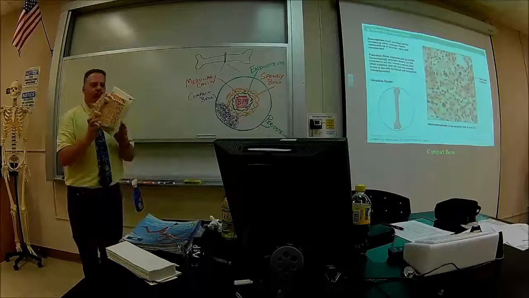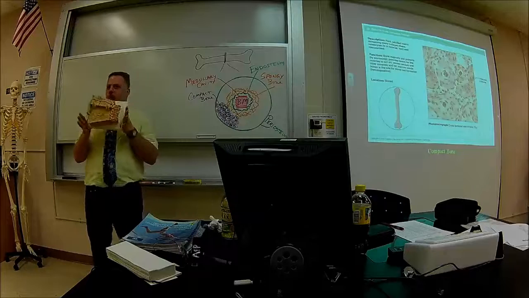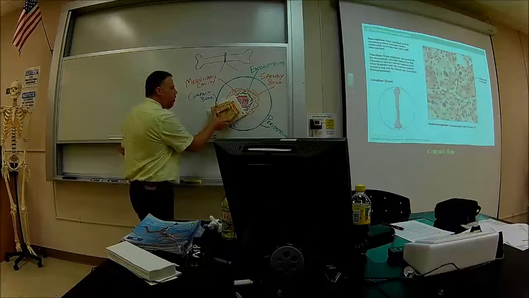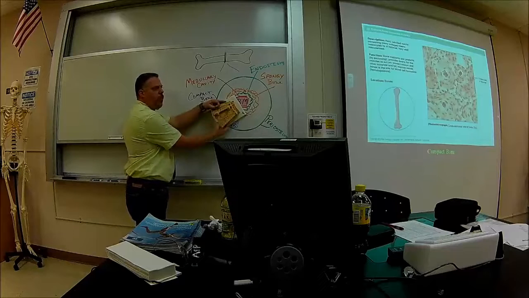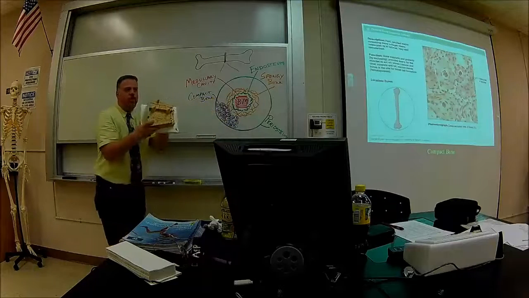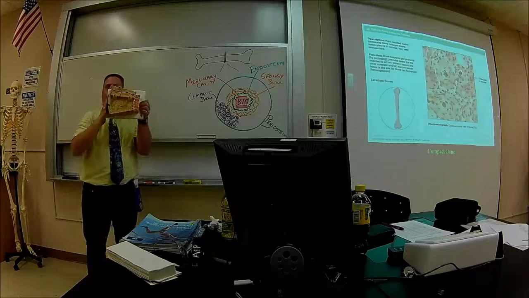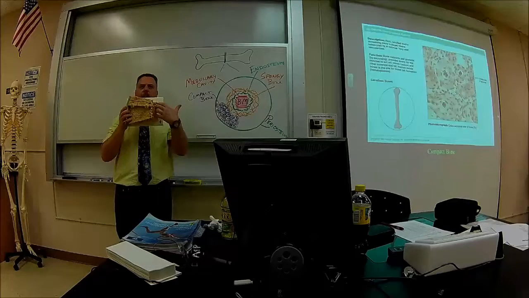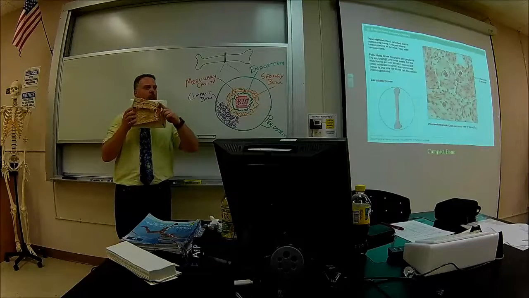Okay? Looks kind of weird, but I'll show you what it is. You see it? Periosteum's over here. Here's where the bone marrow medullary cavity is. The lining of it is the endosteum.